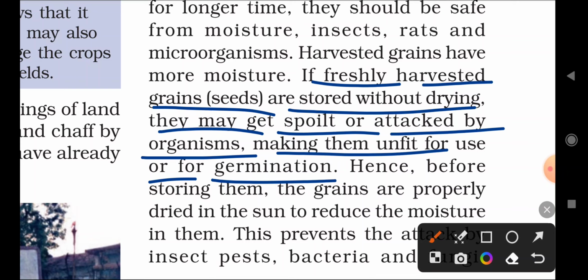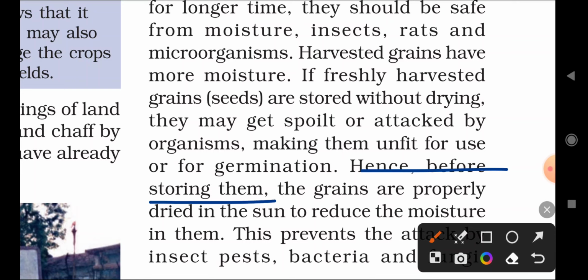Due to this, after harvesting you have to dry the seeds in the sunlight for 1 or 2 days. After that we can store them in a godown, and it is also helpful for germination, when the same seed is taken for the next year's crop. So it is very important to dry the seeds before storing them.